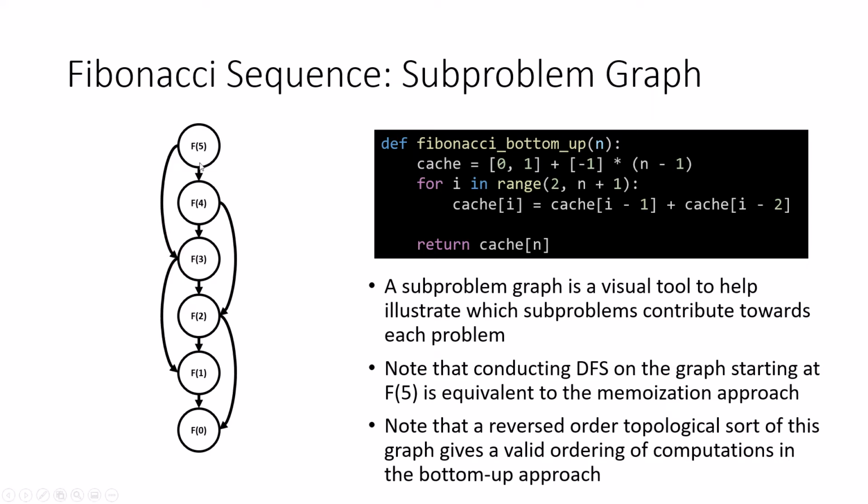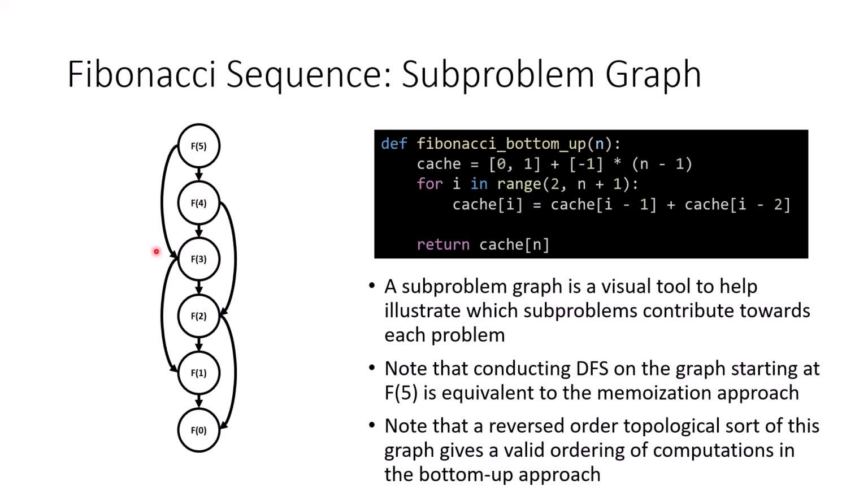You can read this off from the recurrence relation in general with dynamic programming problems. If you have f of n equals f of n minus 1 plus f of n minus 2, that means f of 5 would have subproblems f of 4 and f of 3. And then f of 4 would have f of 3 and f of 2, and so on.